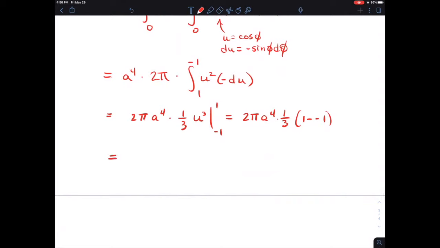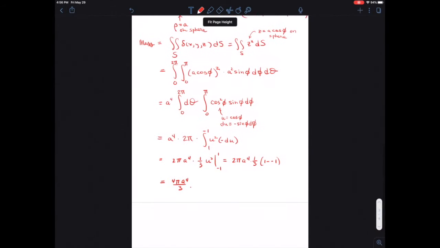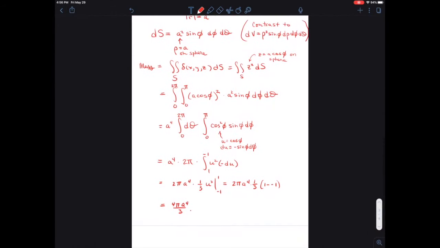So I guess we can finish this and say it's 2. Well, how about 4 pi a to the 4th over 3. Just like that. So that would be the mass of this hollow shell.